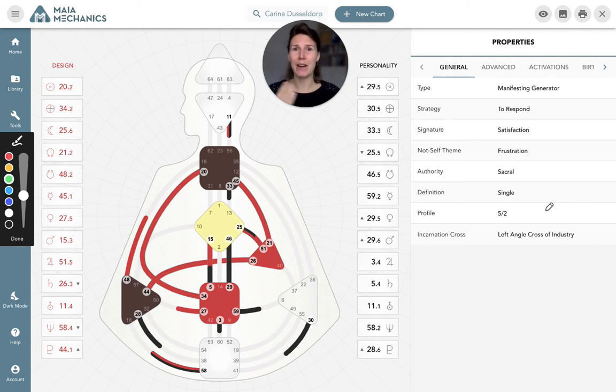But a heretic is also someone who is here to bring a new way, to challenge things, to be the heretic, basically. And that comes with challenges sometimes, especially because of the projection field.